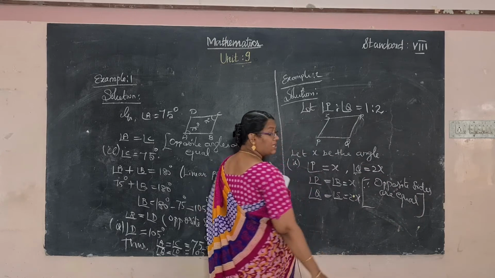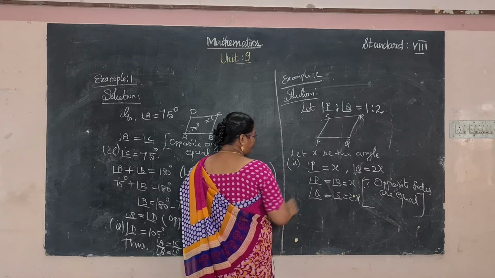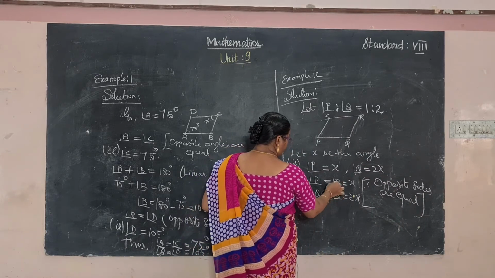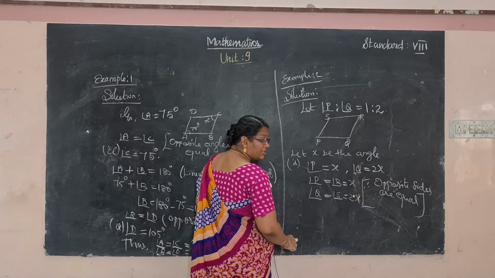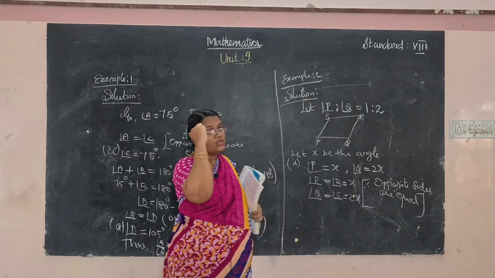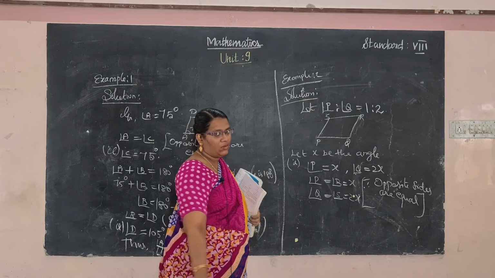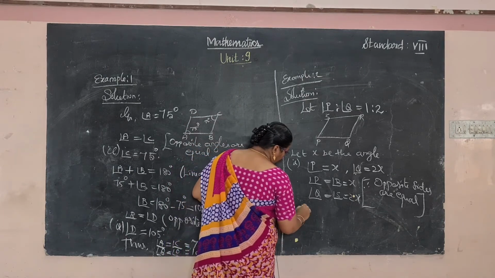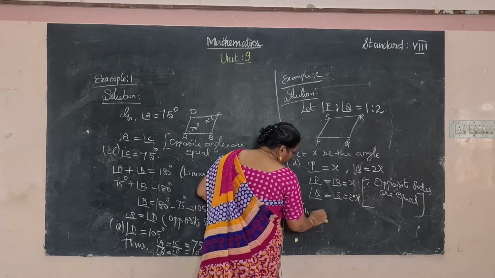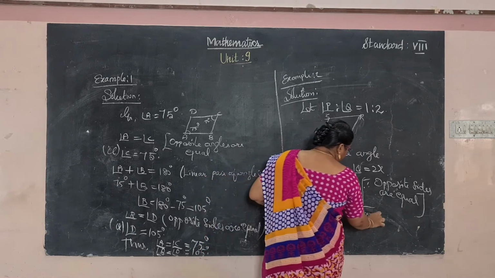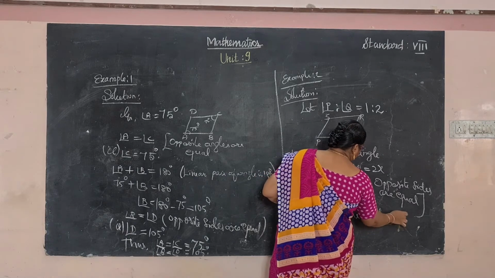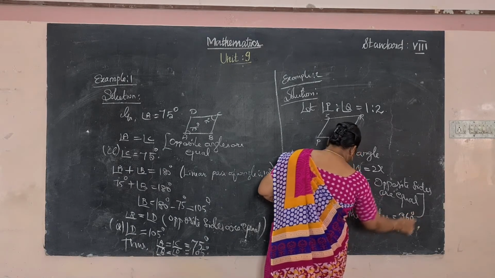Now I use the angle sum property of the quadrilateral: the sum of all the angles is equal to 360 degrees.